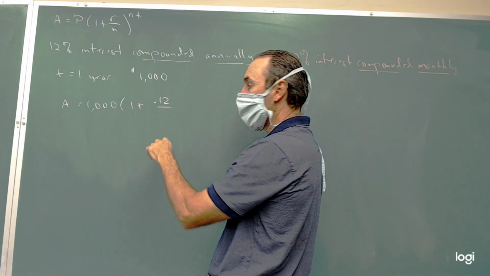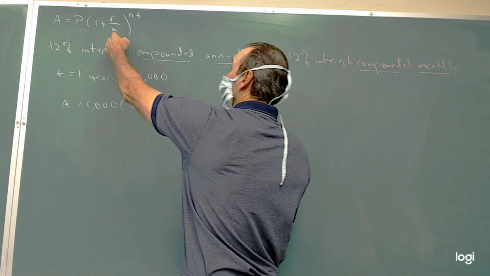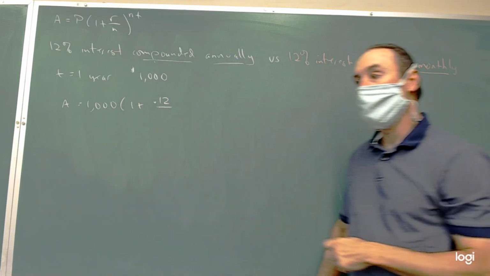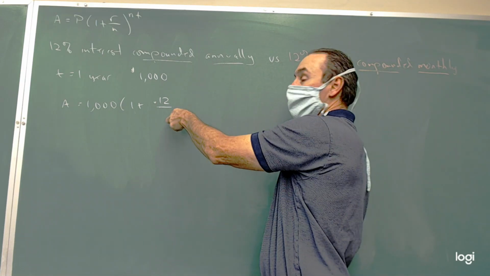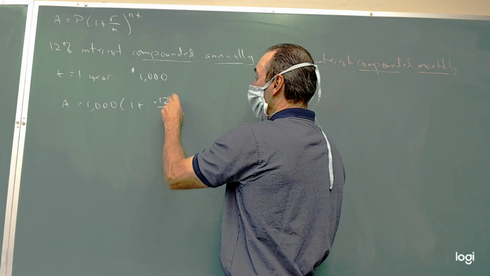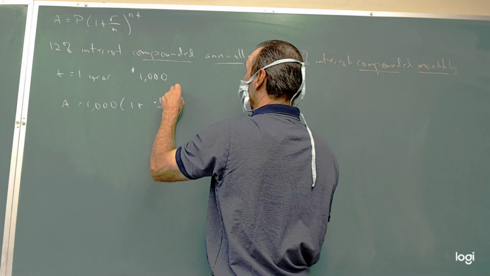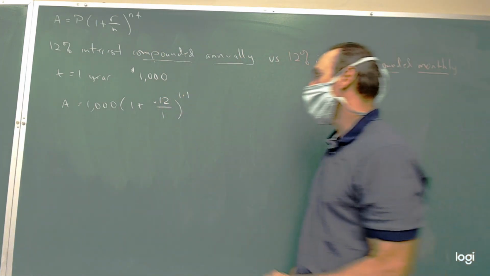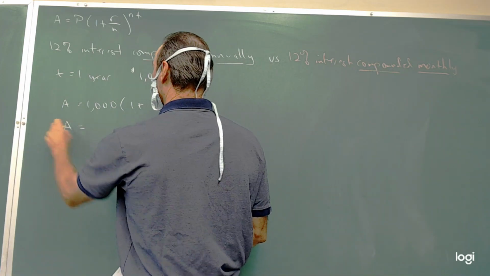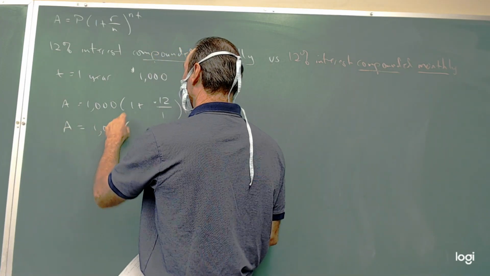And the N, the number of times we're going to compound it, in the compounded annually scenario, is just the 1. And the time is going to be 1. So as Nora was saying, and you're welcome to jump to this, that's going to be 1,000 times 1.12.